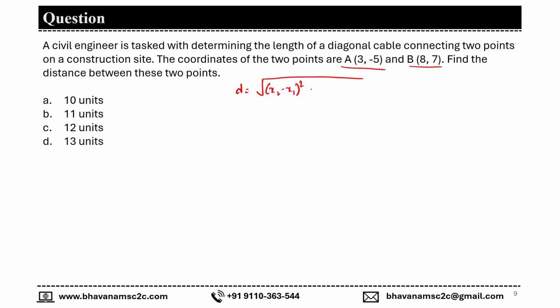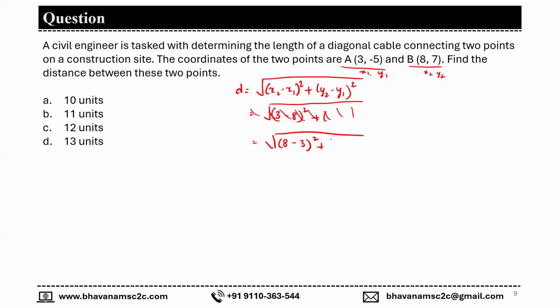Okay, so in that case, what will be the answer here? 13 units. Okay, so it's going to be 3 minus 8 whole square plus... you're writing this as x1, y1 and this one as x2, y2. So your x2 is 8 and your x1 is 3, whole square, plus your y2 is 7 minus your y1 which is minus 5.